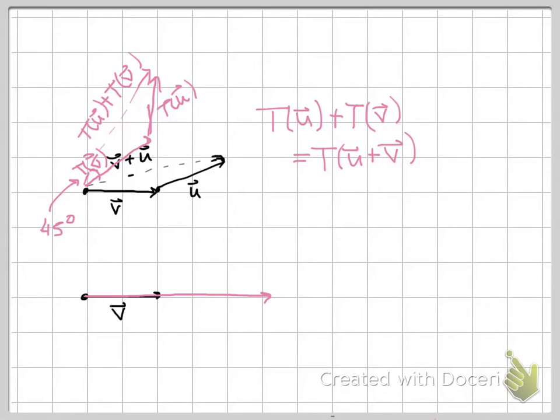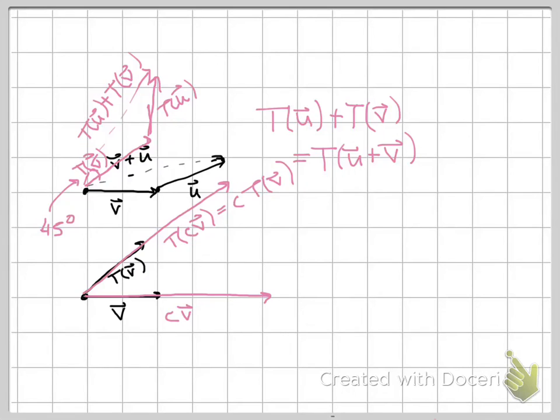So here's my vector v, and let's take a scalar multiple of v. Here I'm assuming c is positive and greater than 1, but here's v and c v, and now let's think about what happens when I apply my transformation T. So v gets rotated 45 degrees, and so does c v. But that's exactly the same as c times T of v.